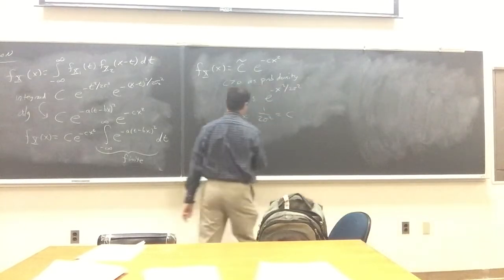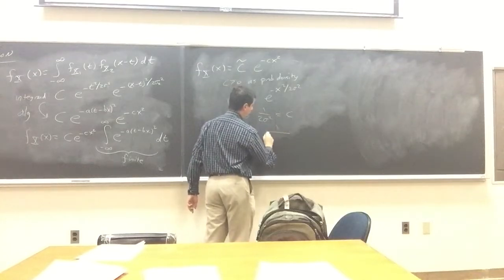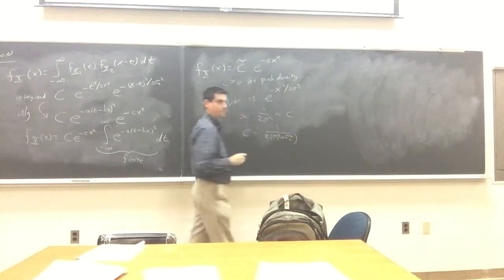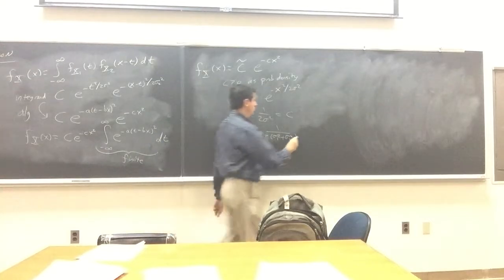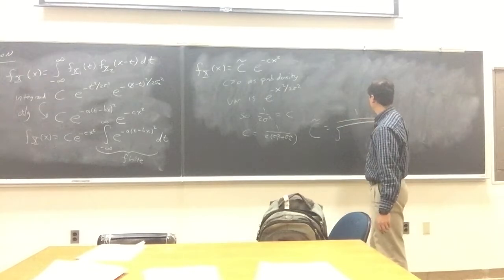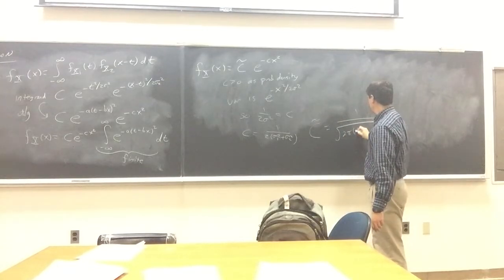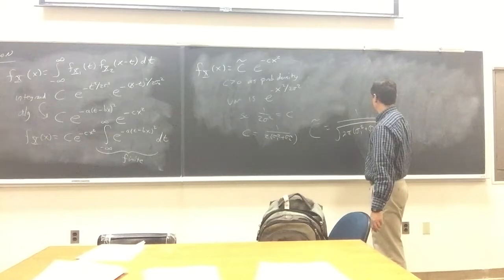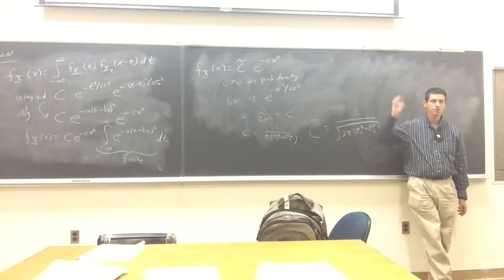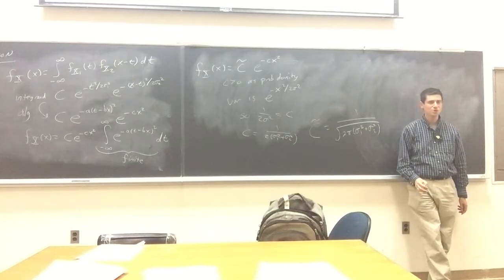So we know that C has to equal 1 over 2(sigma 1 squared plus sigma 2 squared). And we know big C tilde has to be 1 over the square root of 2 pi (sigma 1 squared plus sigma 2 squared).